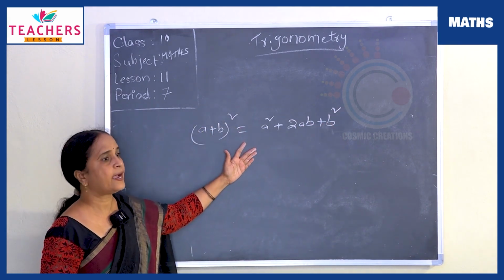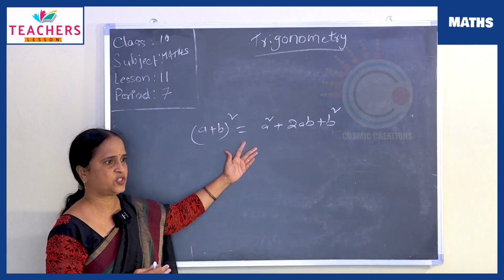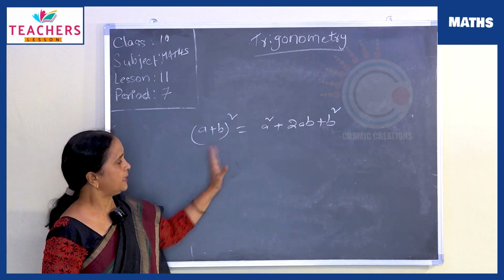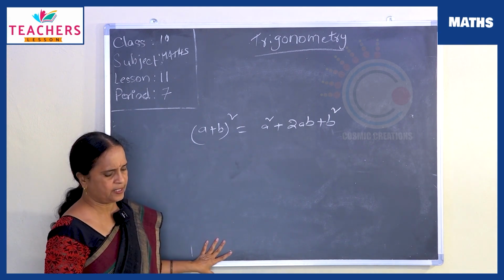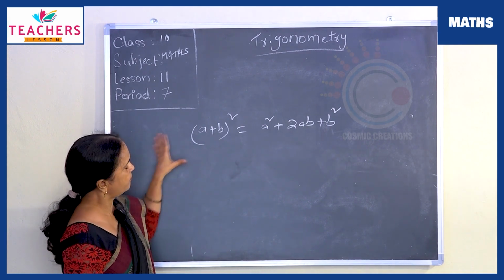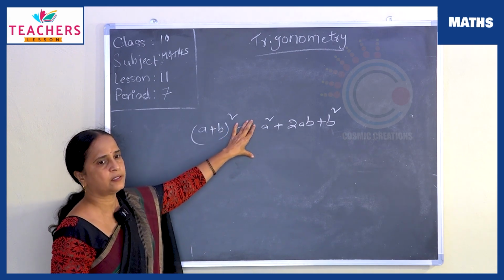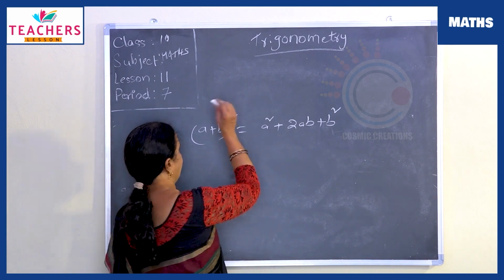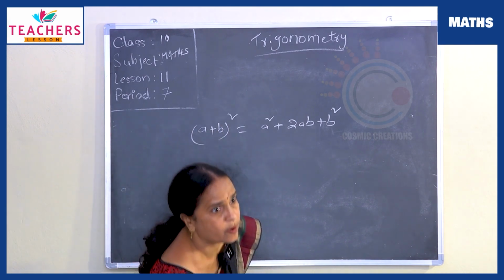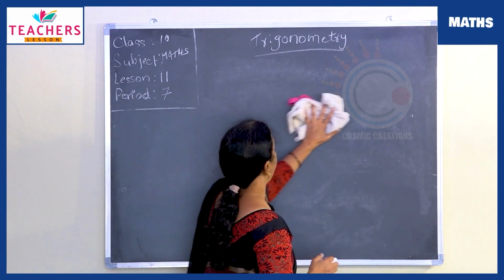This is one of the identities of algebraic expressions. In algebraic equations we use this formula. Now come to trigonometry. Some formulae like that we have. Those are called trigonometric identities. I am going to teach about them. How many identities are there? How do we solve?